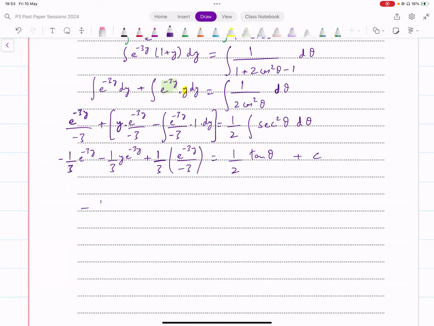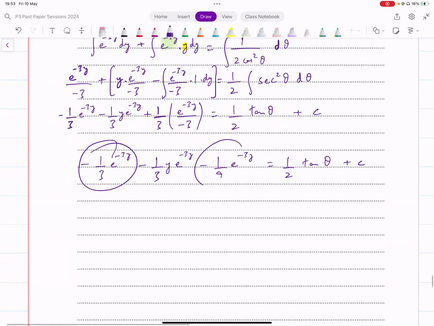-1/3 e^(-3y) minus 1/3 y e^(-3y) minus 1/9 e^(-3y) equals 1/2 into tan theta plus c. Now, these two terms are the same, as in they are similar terms. We can subtract them. Minus 1/3 minus 1/9.